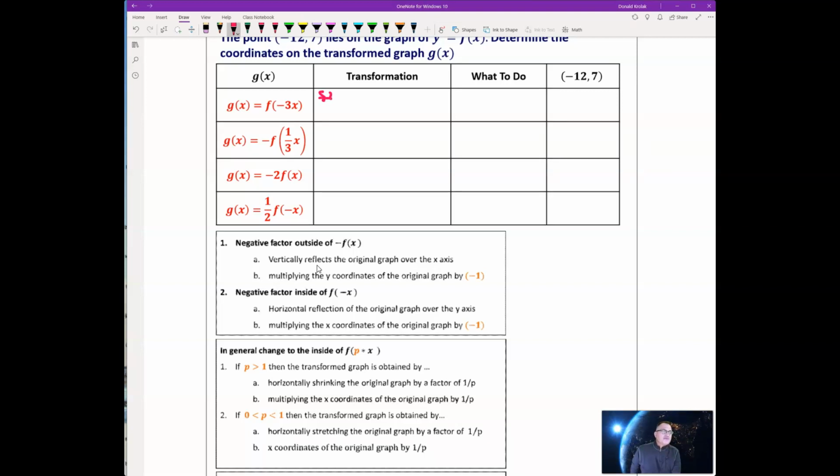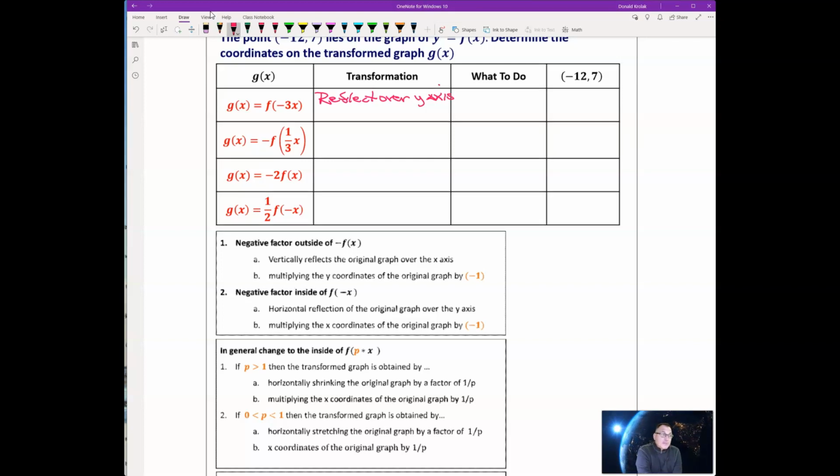This is going to be a flip over the y-axis. So we're going to reflect over the y-axis. That's happening first. And then the 3, that is bizarro world.